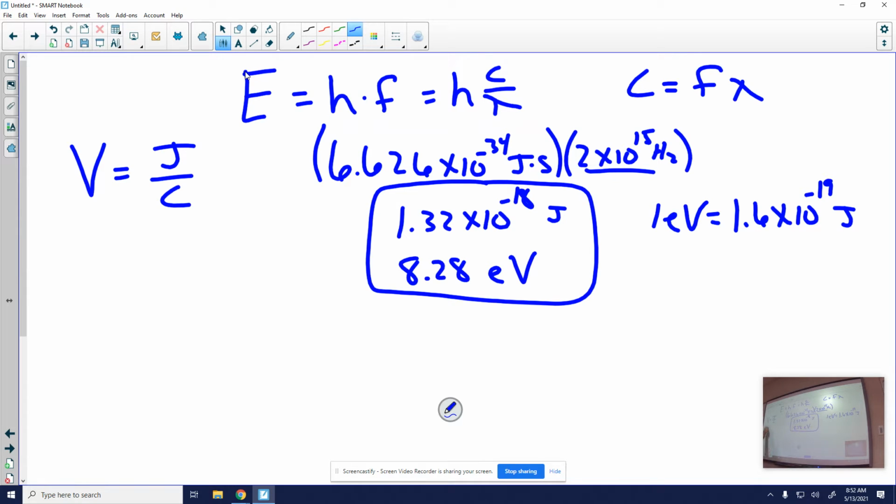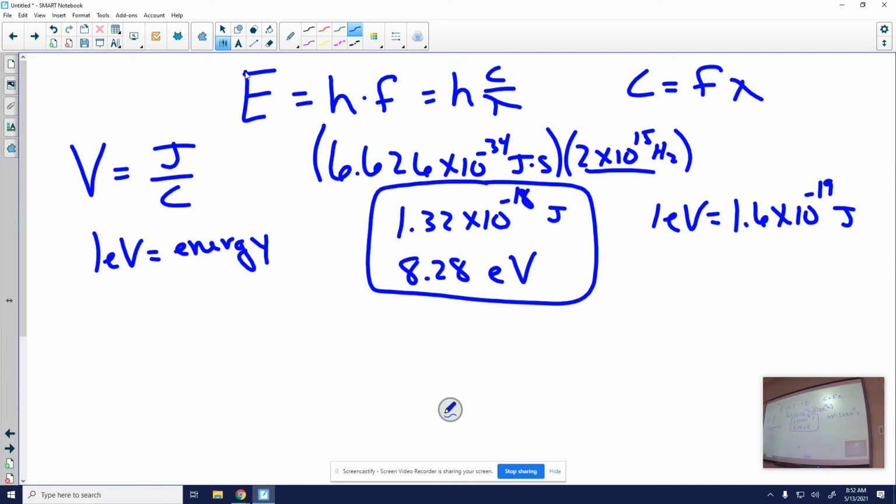So 1 electron volt is the energy that 1 volt would give to 1 electron. Right? That's kind of the relationship.